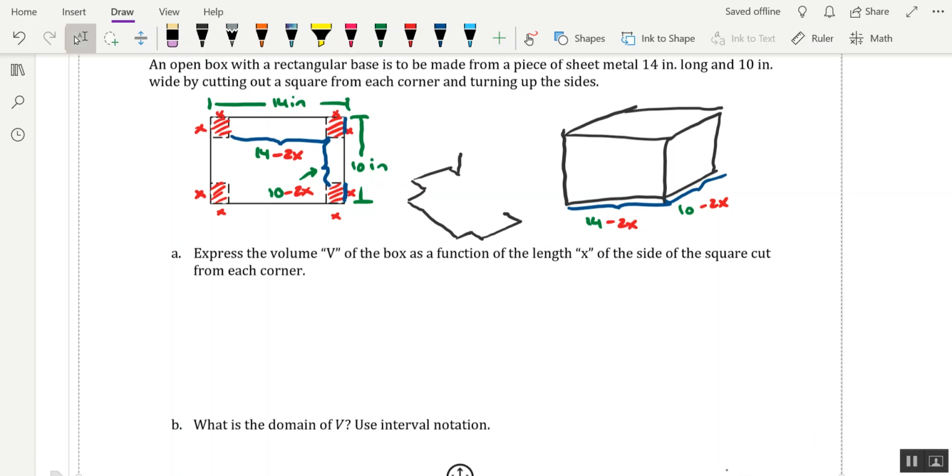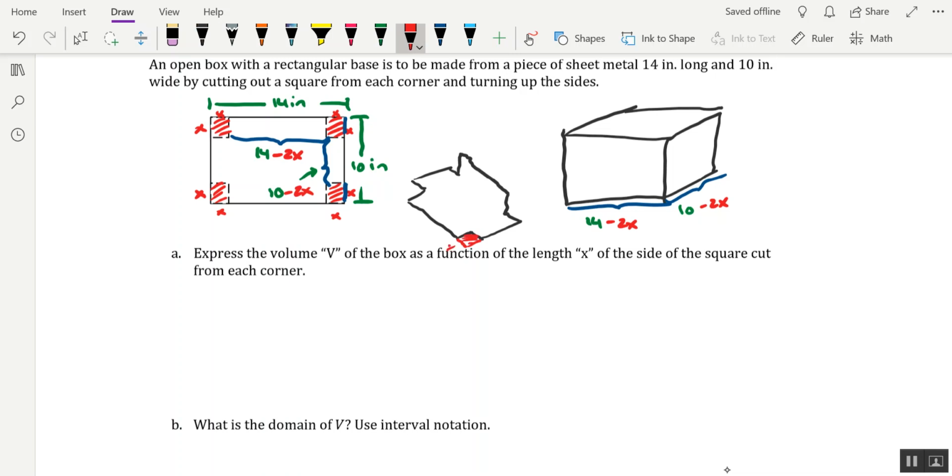Okay, so here comes the side that's turned up. Recall that the size of the square that's removed from each corner is an x by x. So let's say we looked at this square that was removed. That was an x by x.